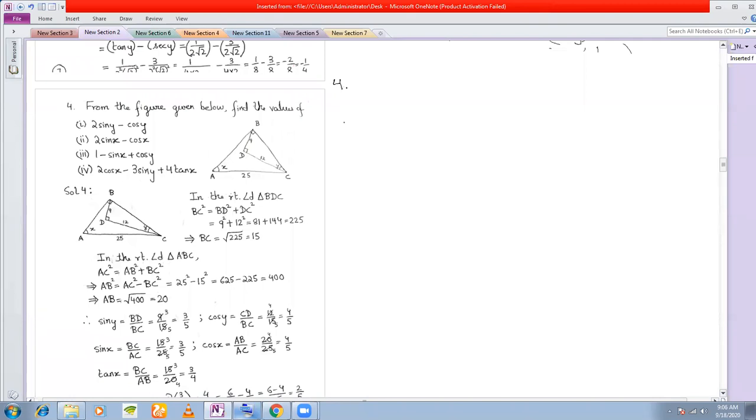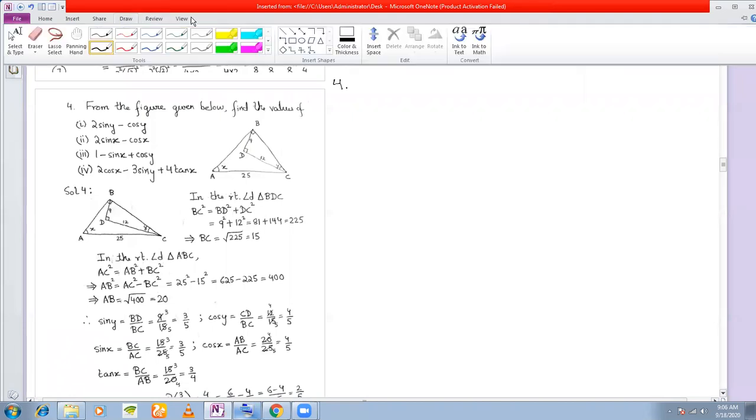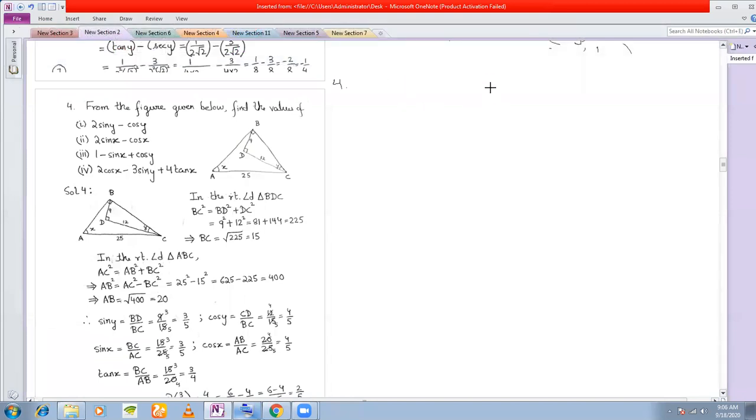Number 4. The question here is: from the figure given below, find the value of 2 sine y minus cos y, and there are 4 expressions given in the 4 parts. Let us first try to draw the diagram a little bigger so that it's visible.